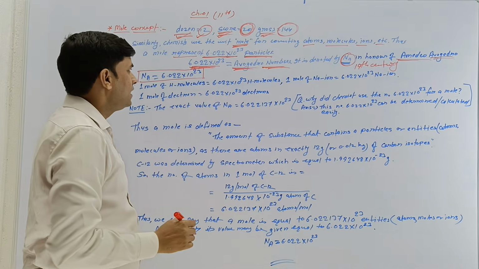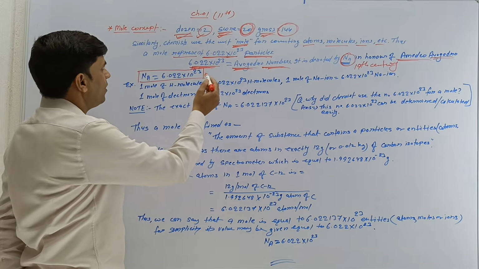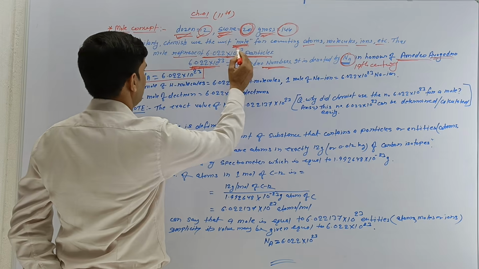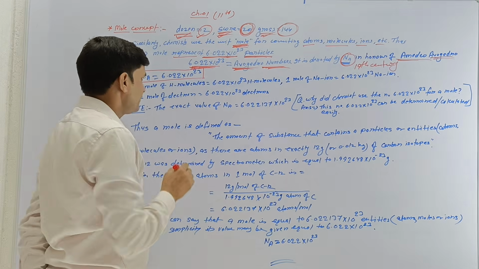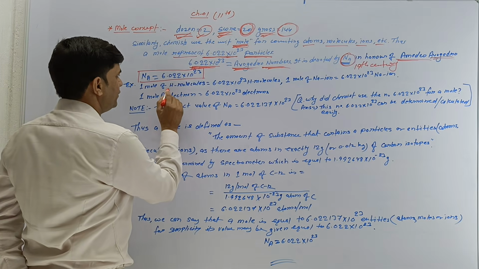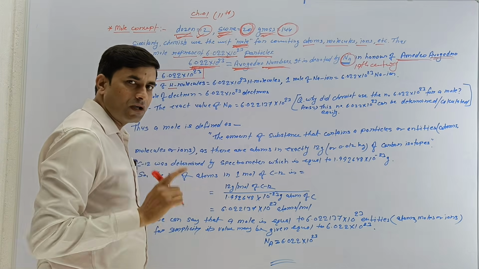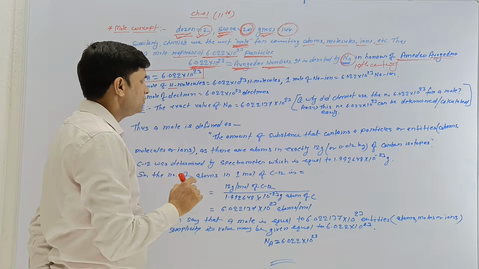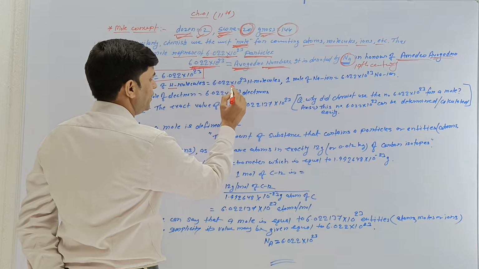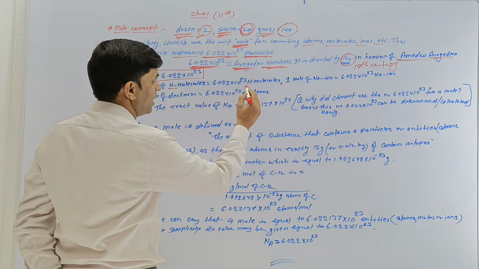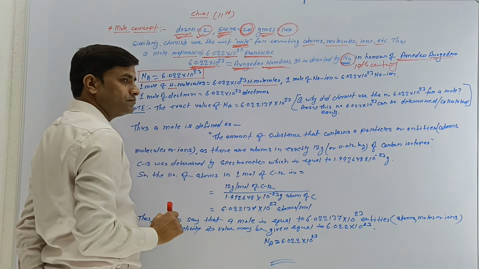For example, let us understand the mole. If we say a mole of hydrogen molecules, it means 6.022 into 10 to the power 23 hydrogen molecules.